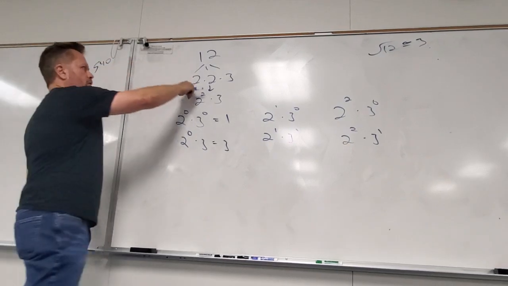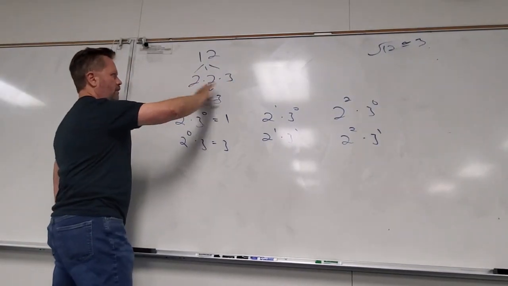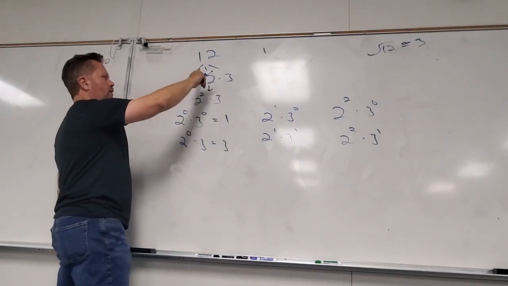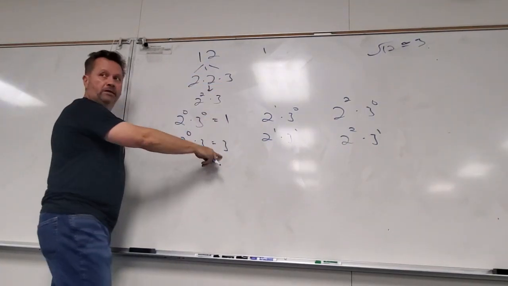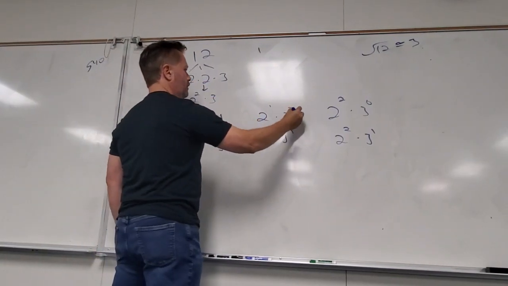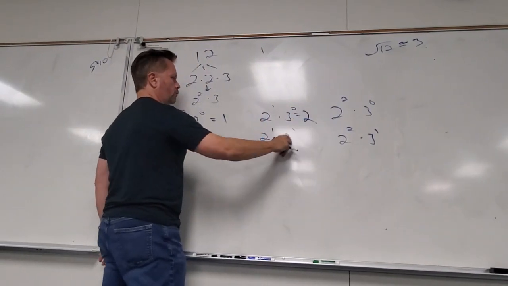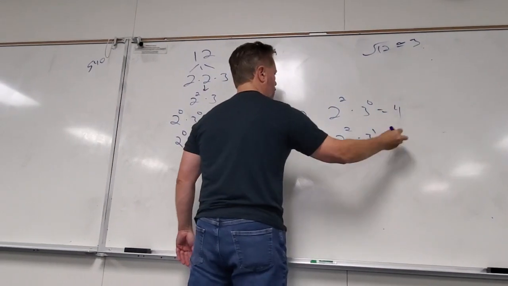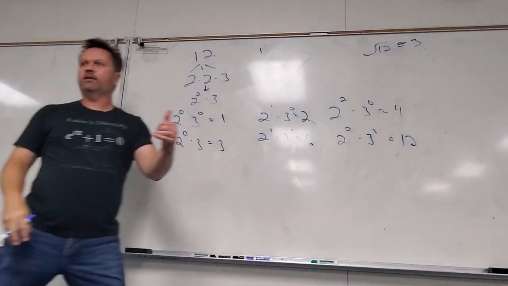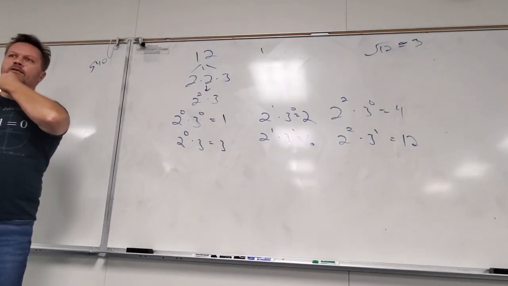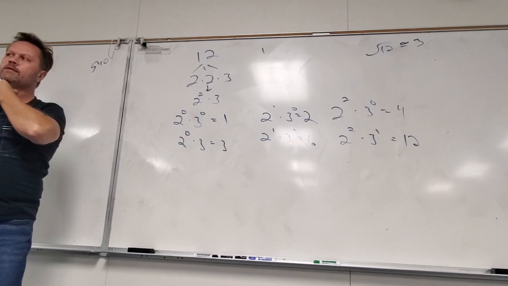So if I have a 2 and a 3, I could take none of them, and that's 1. No 2s, no 3s. I could take 1 3, and that's 3, right? I could take 1 2 and no 3s, that's 2. I could take 1 2 and 1 3, that's 6. I could take 2 2s and no 3s. I could take 2 2s and 1 3. Is that the complete list? Yeah. Do you see why there's 6 now?